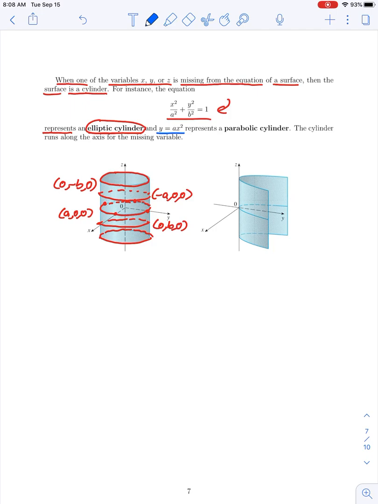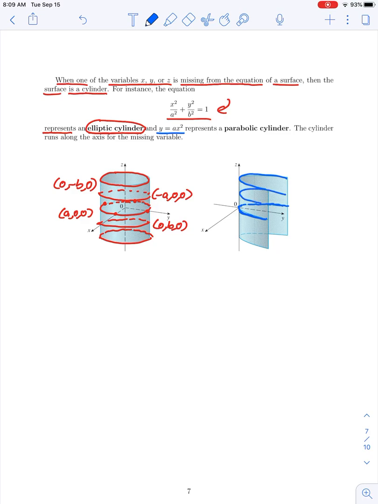Now, as another example, let's suppose that we were looking at the equation y is equal to a times x squared, which we would know represents a parabola in the xy plane whose vertex is at the origin, opening upward along the y-axis. So we would here have in the xy plane something that looks like this. And since the variable z is missing from that equation, for any trace of this surface in a horizontal plane of the form z equals k, I would get the exact same trace.